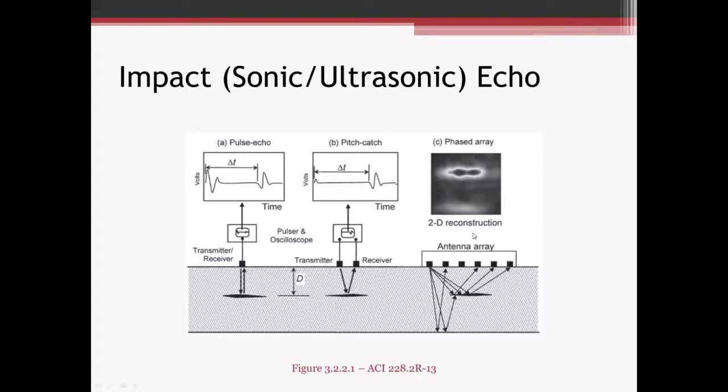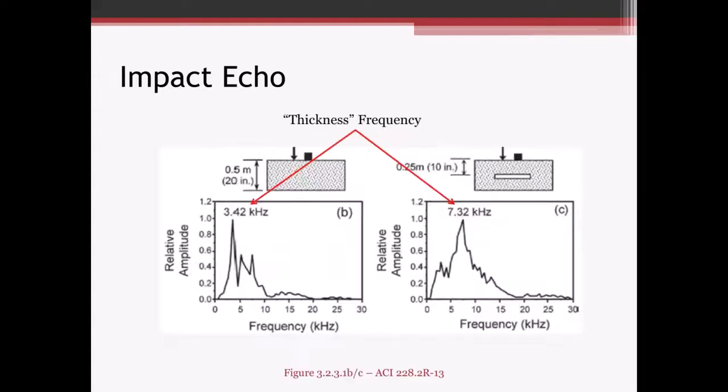It's very, very difficult to interpret and understand, and you really have to have good access to the surface. This particular method is pretty time-consuming, that phased array method. Phased array is starting to get more common in other NDT worlds, like for steel, but we won't talk about that today.